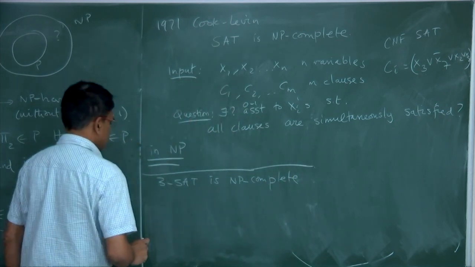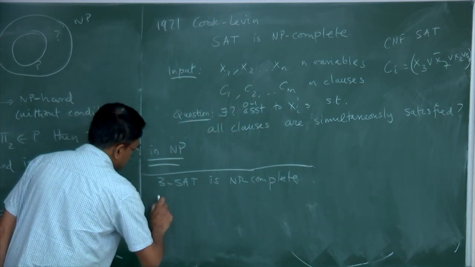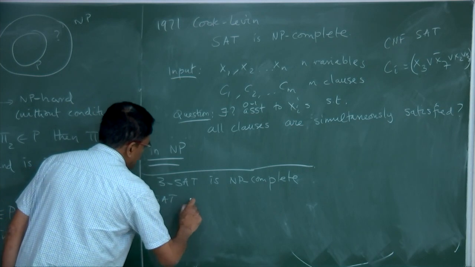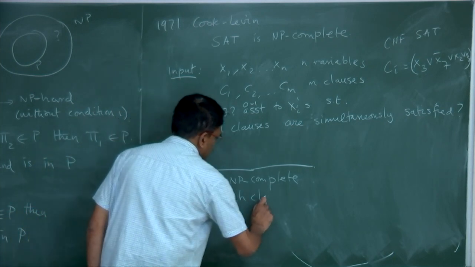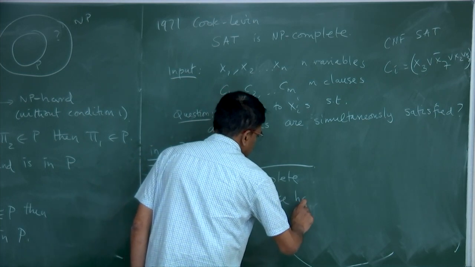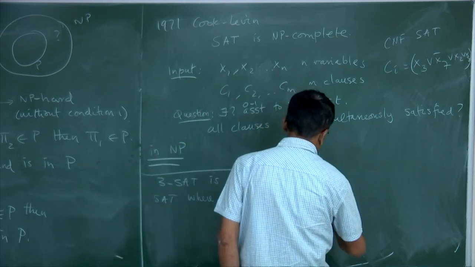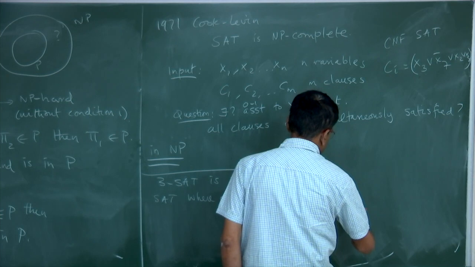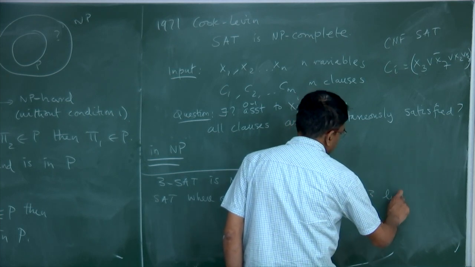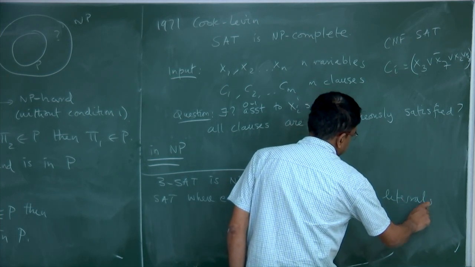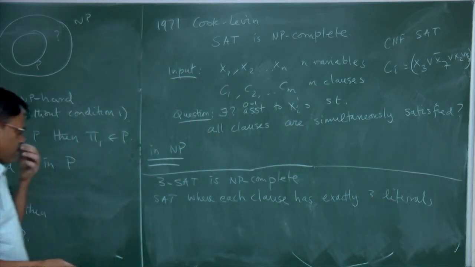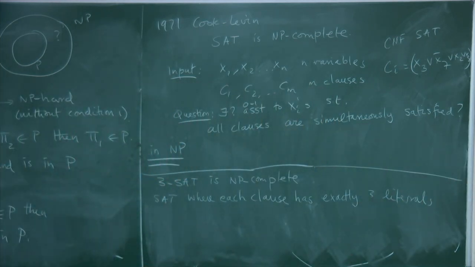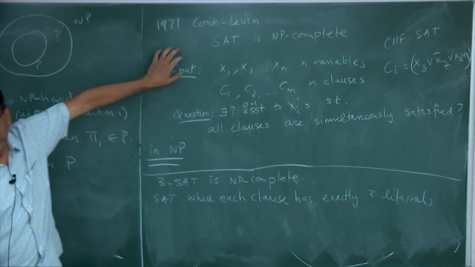What is a 3-SAT problem? It is basically a SAT problem where each clause has exactly or at most 3 literals. So, this is a restricted version of SAT.